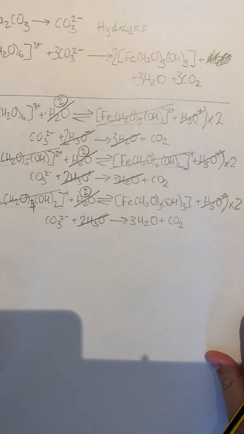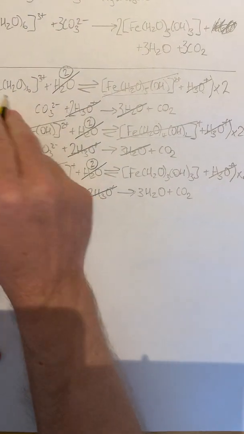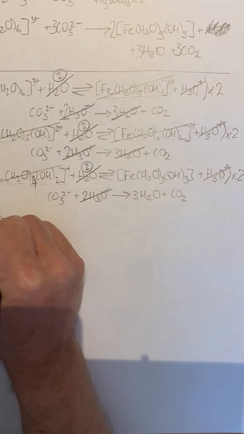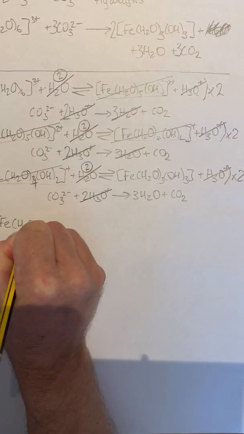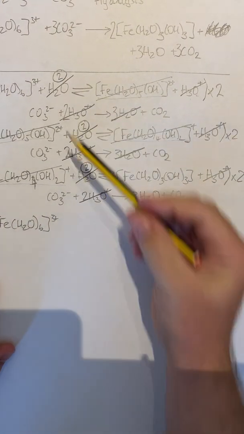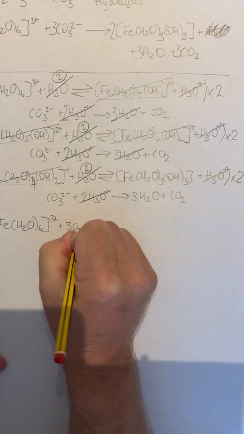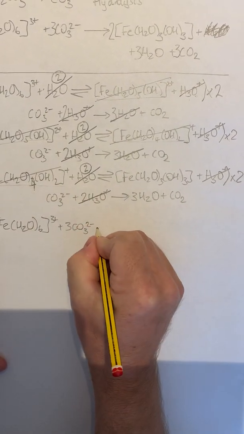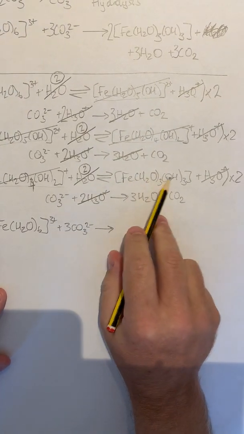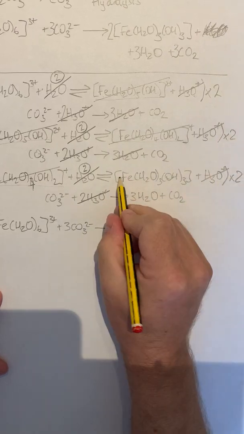So what we're left with now in that mayhem is we've got 2 lots of our starting Fe complex. We've got 1, 2, 3 carbonate ions. We've got one of our finishing precipitate complexes, so we've got 2 of them.